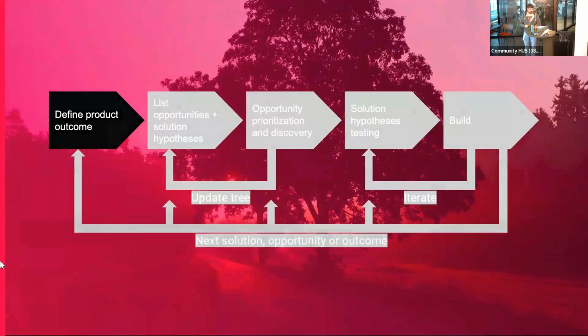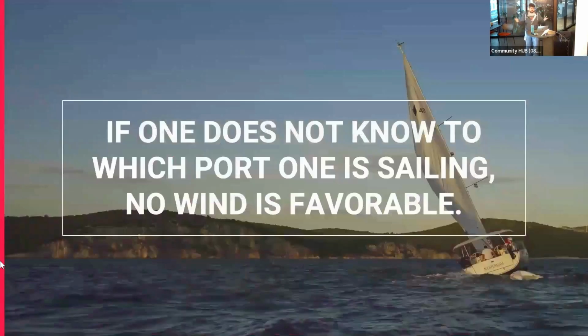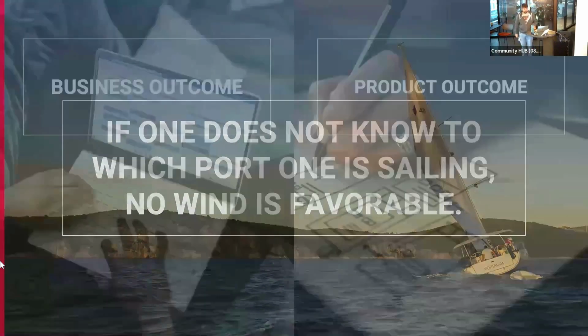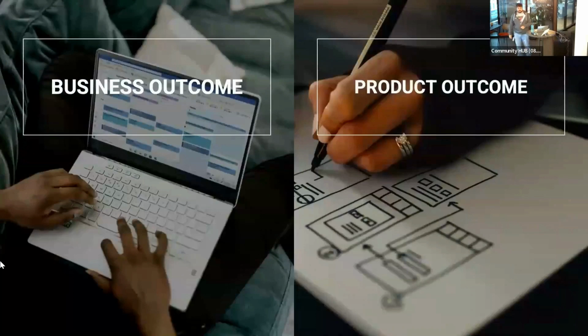So first, define product outcome. Yes, if you don't know which port you're sailing to, there is no favorable wind. So basically, if you don't have a clear goal, that's absolutely a must. You need a goal. But there are two types of goals, and one of them is better than the other.